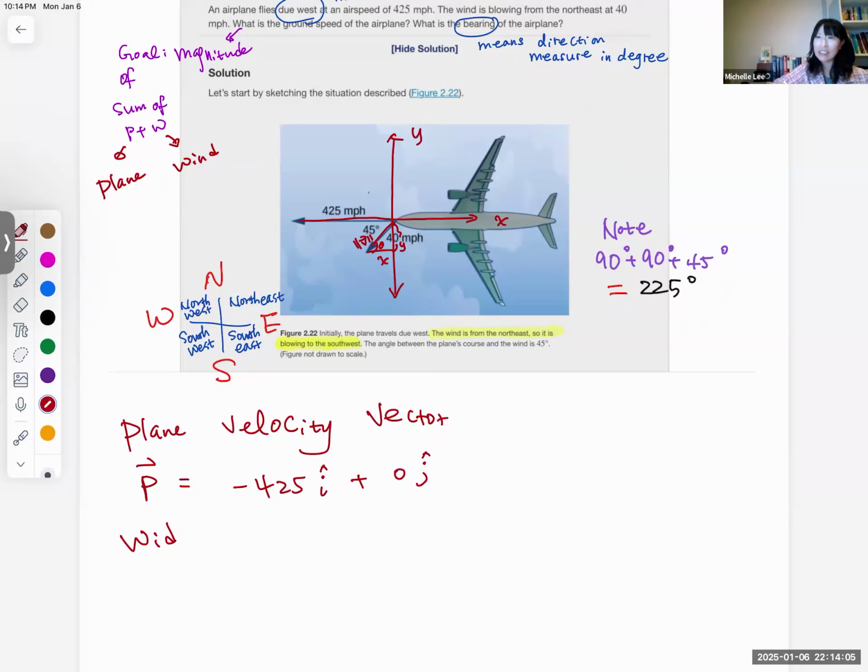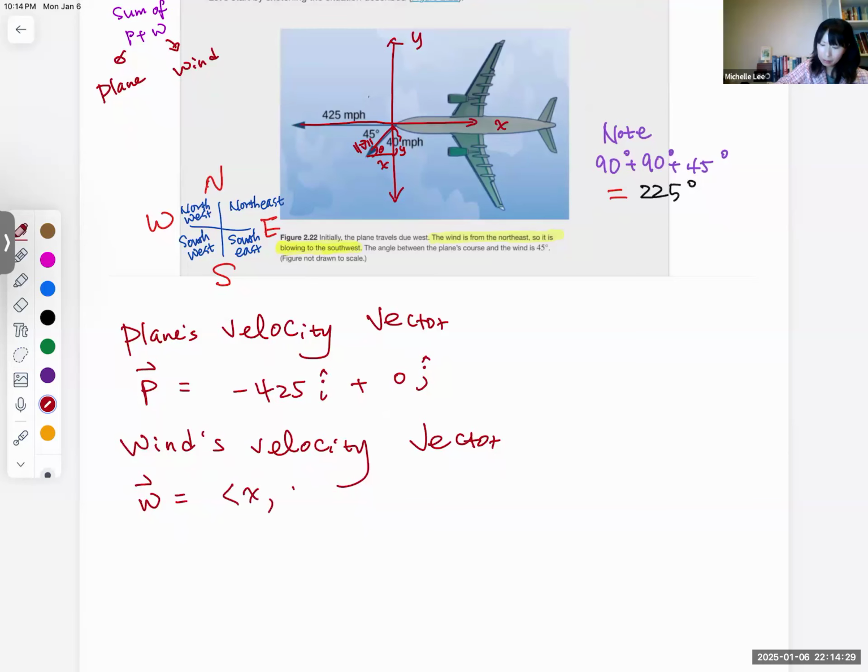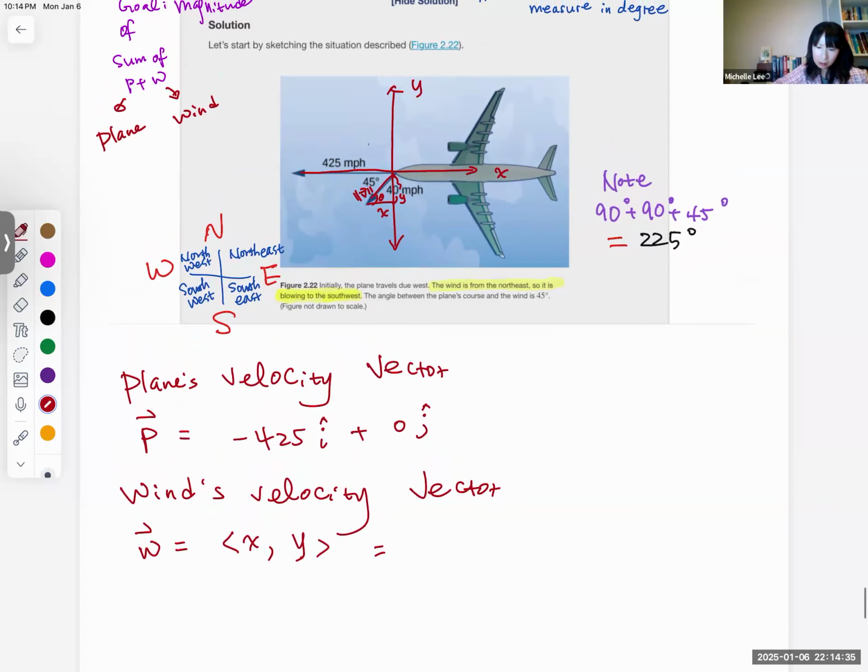The wind's velocity vector, W. You cannot see it, but it has x and y components. Look, instead of r cosine theta, we are using the vector v cosine theta and the vector v sine theta, right?